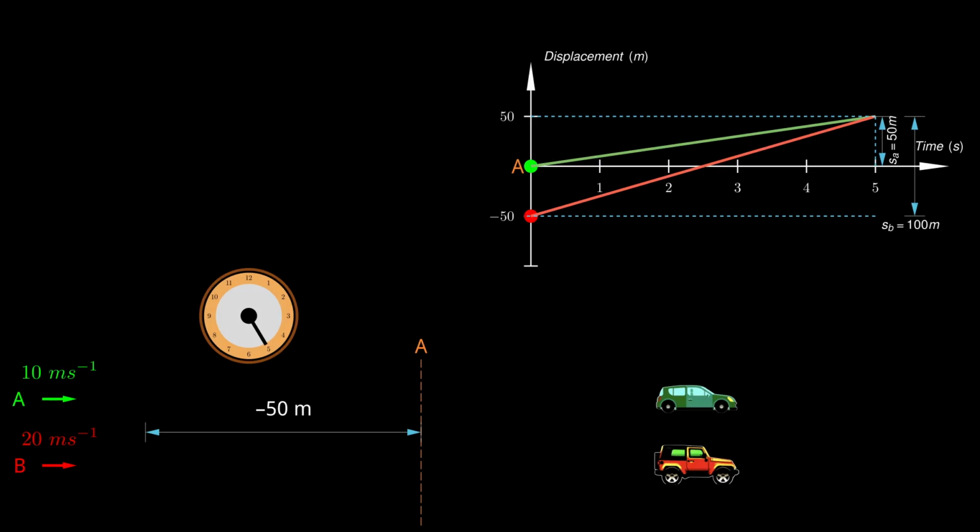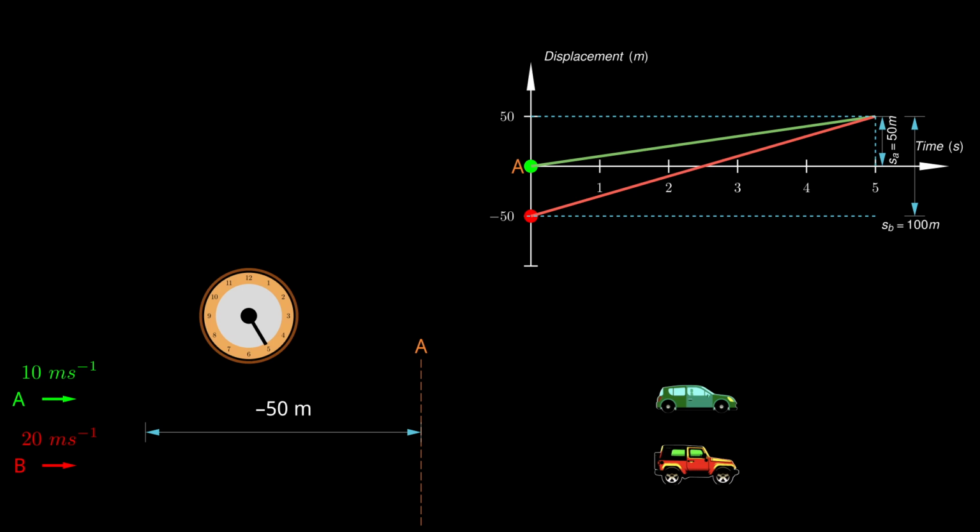What we can observe from these two examples is that, despite changing the reference frame from Vehicle B to Vehicle A, the actual displacement of the vehicles does not change. The positions and movements of the vehicles remain consistent, regardless of where we place our reference point. The difference lies in how we represent the displacement on the graph.